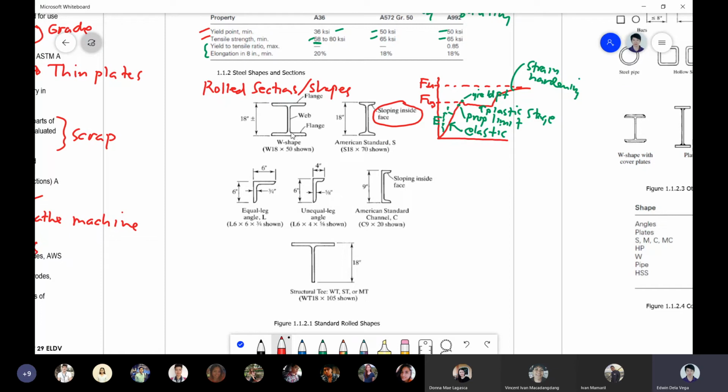And of course, this has wider flanges, okay, so this is wider. Okay, for angles, we have the equal leg and unequal leg. And for channels, we have the American Standard channel. Sloping inside face also. So with this one here, okay, there's a sloping inside face.